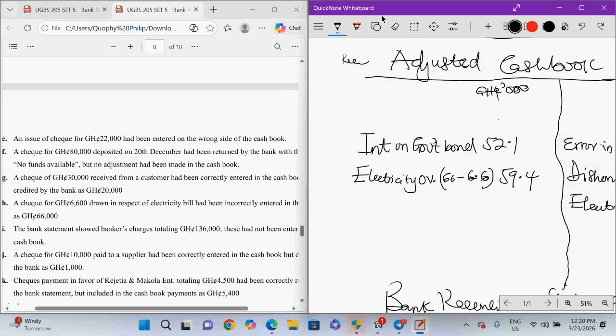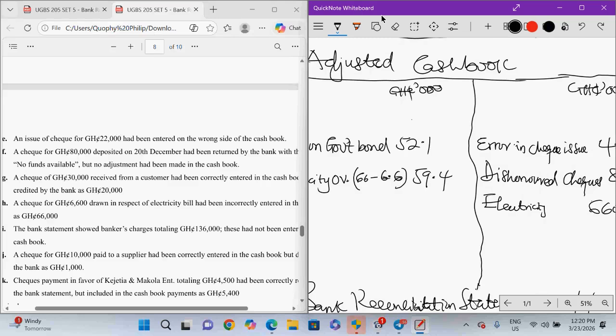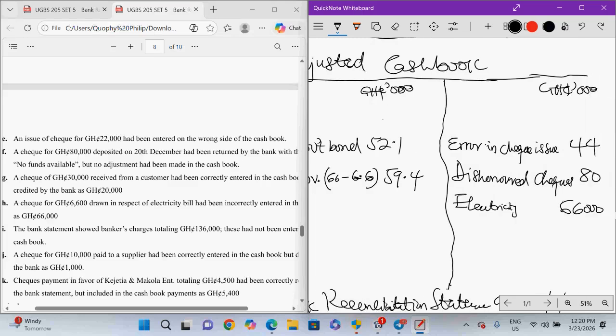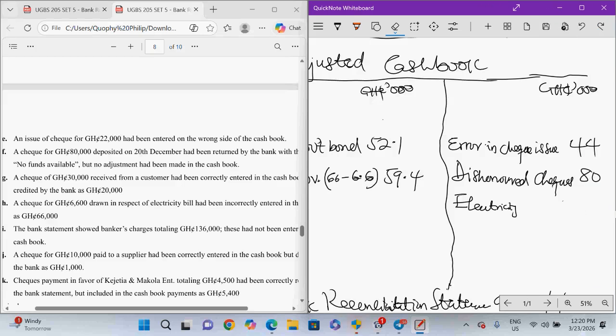So it means that the 66,000 that is at the credit side here, 59.4 is cancelling that one. Remaining how much? If 59.4 is cancelling this, how much will you be left with?